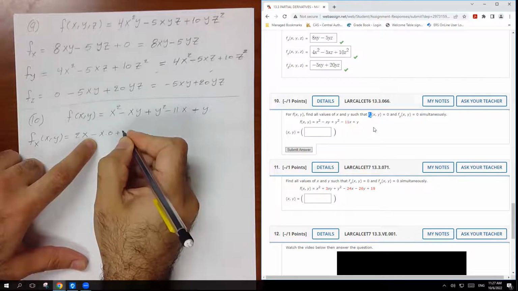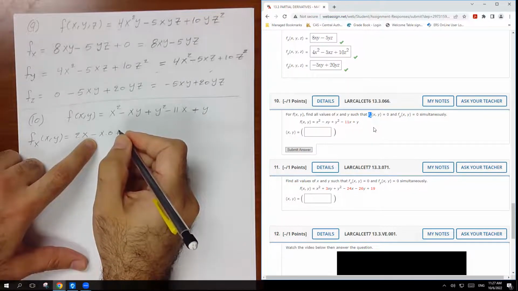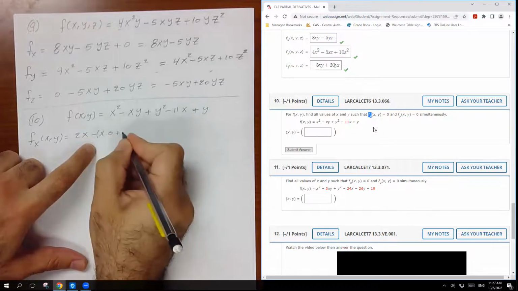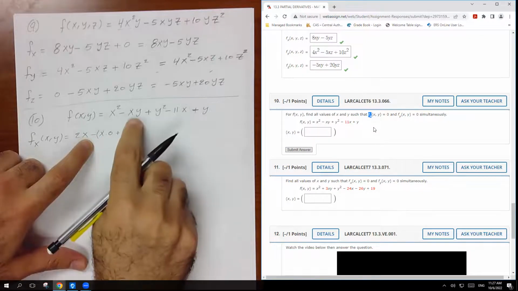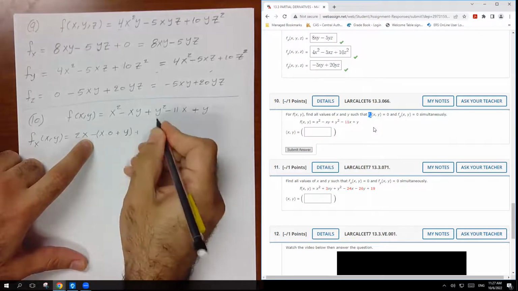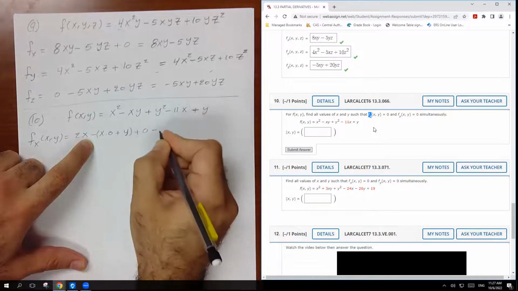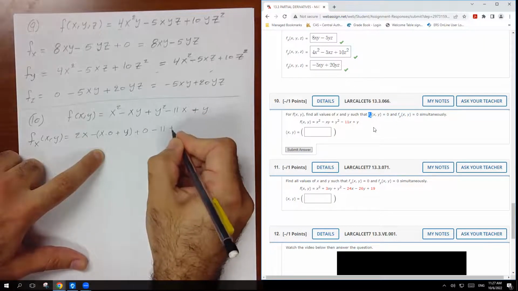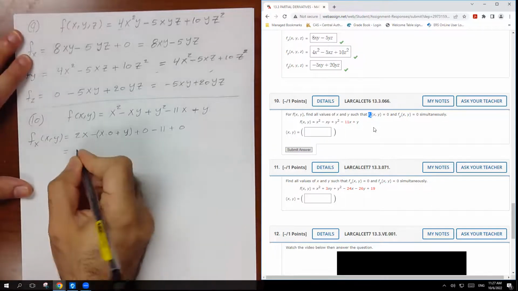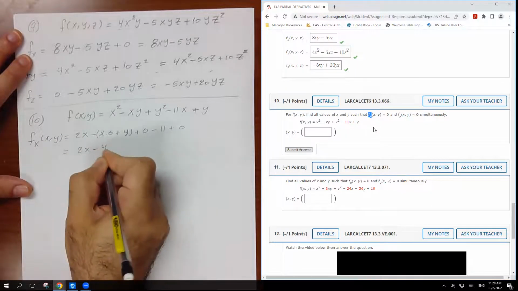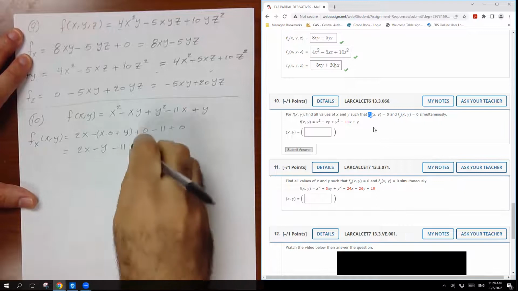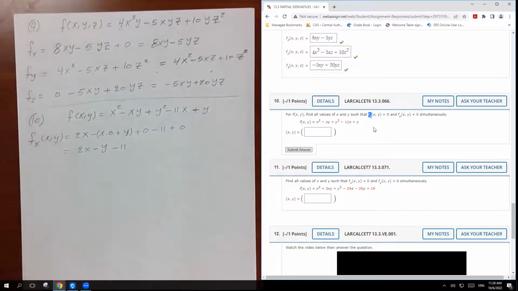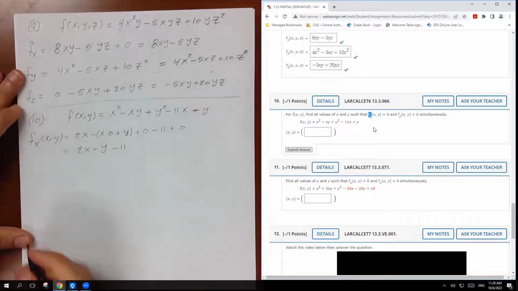But be careful when you're doing the chain rule, you're going to put parentheses, because the negative sign is out. A plus, the derivative for this one is 0. The derivative for this one is going to be 11. The derivative for this one is going to be 0. That means the result is going to be 2x minus y minus 11.